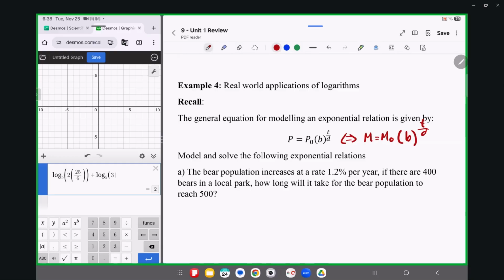So an example might be if you have a black fly population doubling every 7 months, the base would be 2, and the period, D, would be 7.